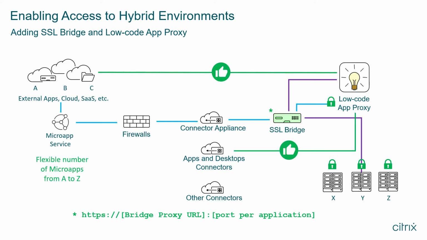And then our application proxy, and that's the reason it's called low code application proxy, will either forward REST requests directly to our targets through the SSL bridge, or if those targets do require some different lingo to communicate with, like, for example, PowerShell, we'll be able to translate those. We'll start with a RESTful call from Microapps services, translate it to PowerShell, and then talk to our target systems.